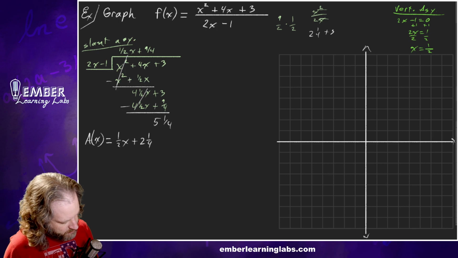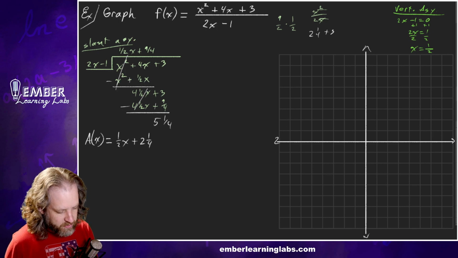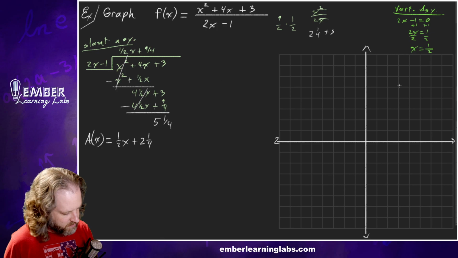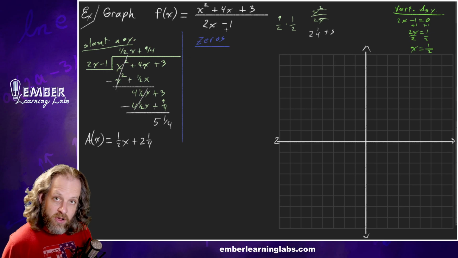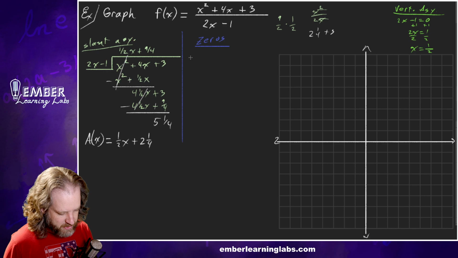We should also find the zeros real quick. So the zeros would be when we solve this one when that one equals 0.